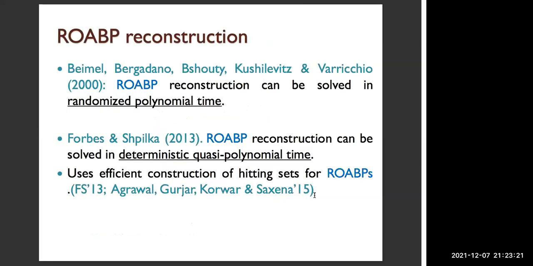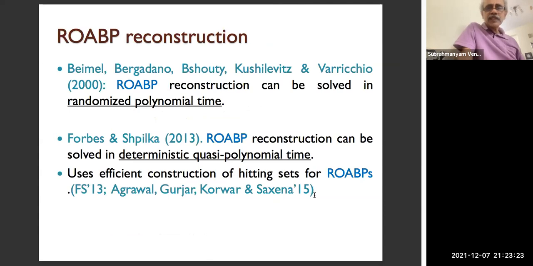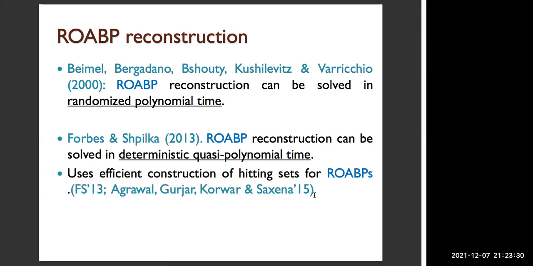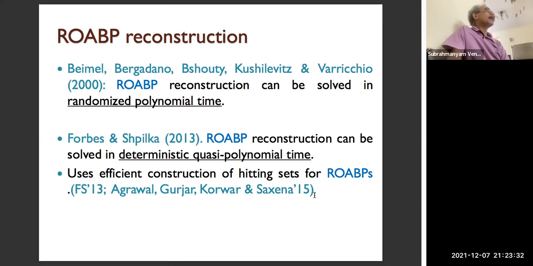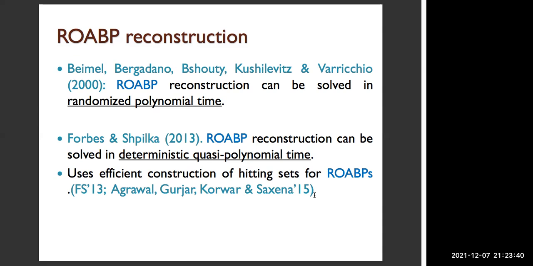All right, so a little bit of... Can I just ask a question? Yeah, sure. Last week, when Ramprasad spoke about non-commutative circuits, he showed how to, in some sense, reconstruct the optimal circuit also, right? And you also mentioned it for ABPs. Oh, did you do that, Ramprasad?